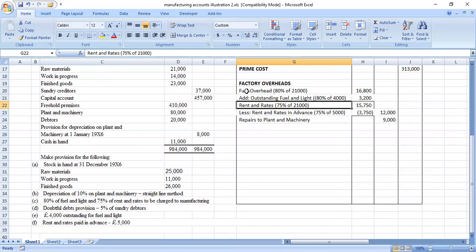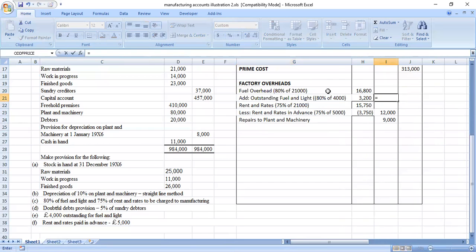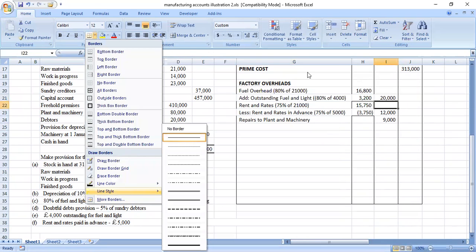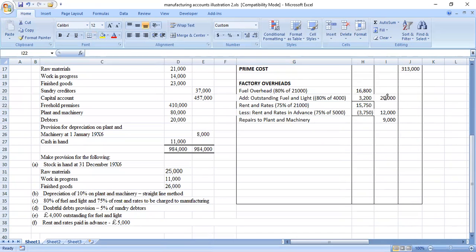So now, fuel overhead plus outstanding expense. So it shall become how much? 16,800 plus 3,200 becomes 20,000. Hapo unaona hiyo? Tuko sawa hapo? Yes. Ama nimekupoteza? Iko sawa.